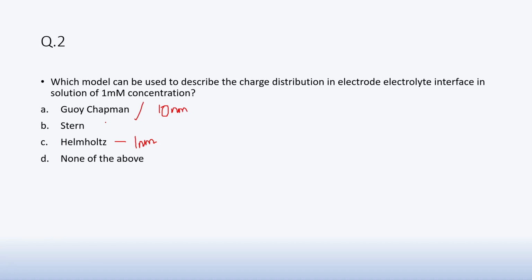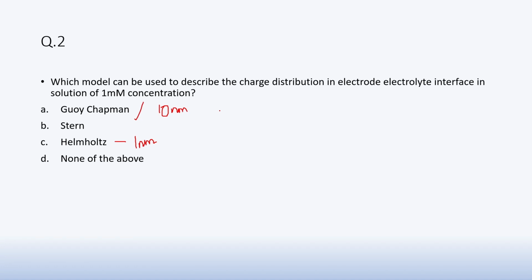I hope you are getting that. The ions are very small in concentration, so it is difficult for them to diffuse onto the electrode to form a double layer. While with as high as 1 molar, there are enough ions, so they can come fast, diffuse and form a double layer.